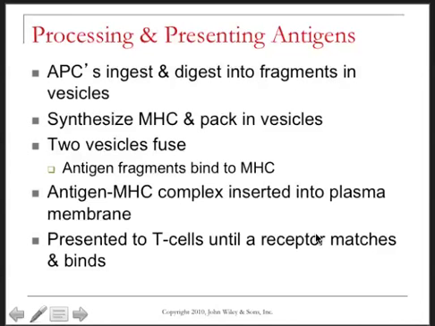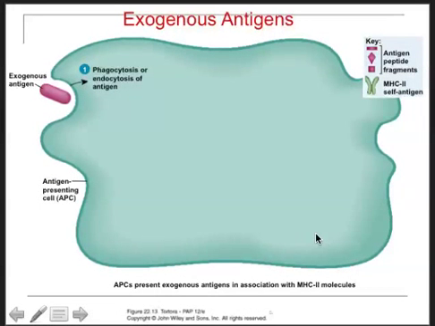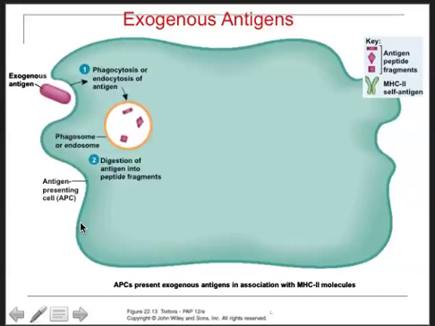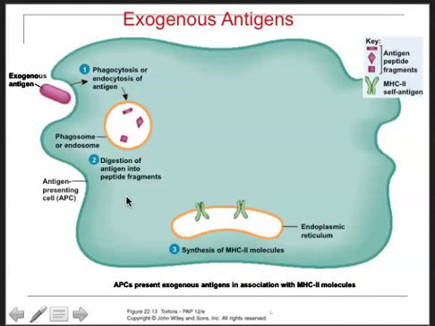So here we can see this process in action. Here is our antigen-presenting cell. Here he is either stapled to a particular organ or tissue, or he's wandering around, okay? And so what does he do first? He engulfs the bad guy. Next thing he does is he digests the bad guy into little pieces. Next thing that happens is that we synthesize MHC2 molecules.